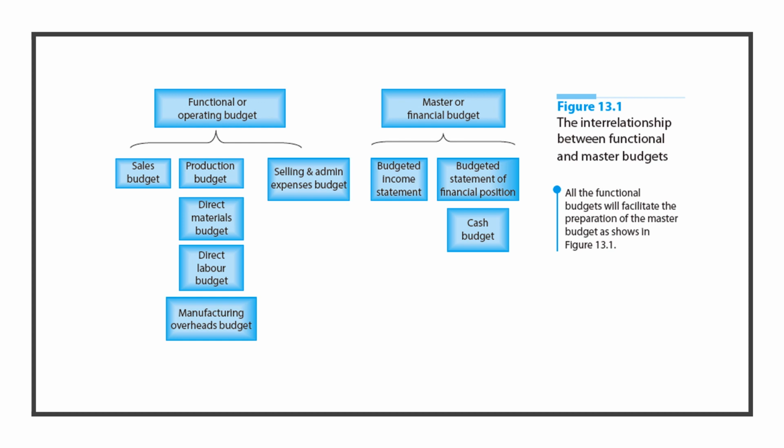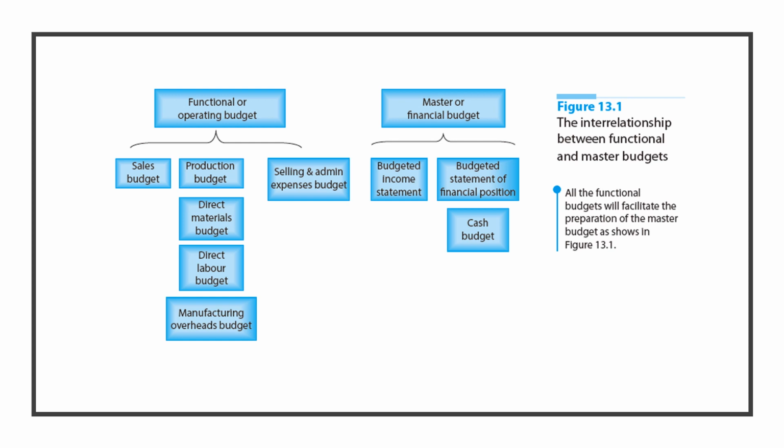As you can see, the breakdown for the functional or operating budget includes the sales budget, the production budget, which is comprised of direct material budget, direct labor budget, manufacturing overhead budget, and also you need to forecast or plan for your selling and admin expenses budget as well.